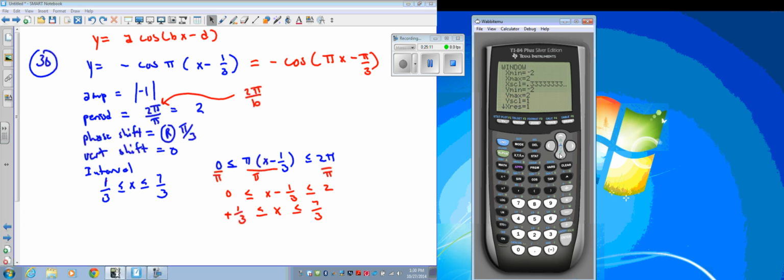Okay, what did I do wrong? Well, now it's coming out a little different. Here's 1, 2, 3, 4, 5. That's 6. This isn't working right.